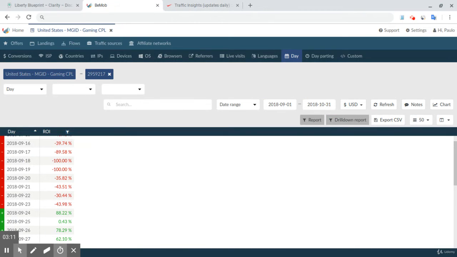Another easy way to increase your ROI is to simply get a payout bump. So, for example, with this campaign, I believe the first payout was $1.75 per lead.